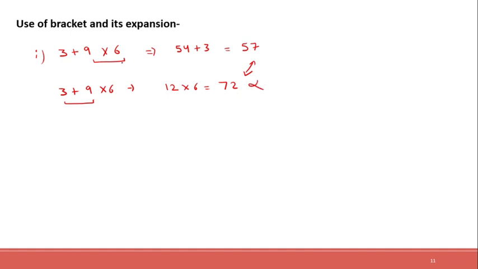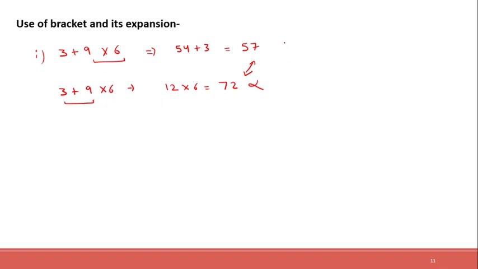Why? Because according to BODMAS rule, we should multiply first and then we should go to addition. I assume that you have studied BODMAS in your earlier classes. If not, don't worry. I'll cover it in further lectures. So it is a rule that we should multiply first.